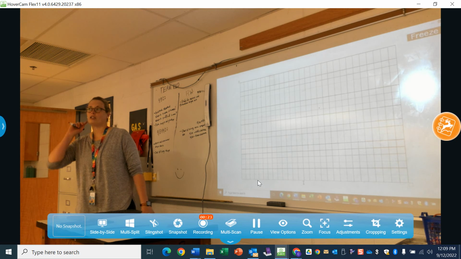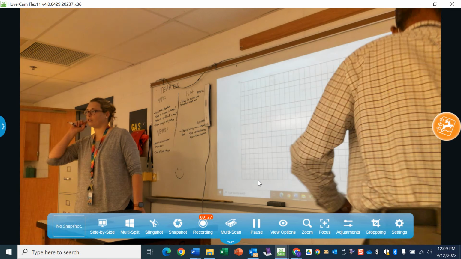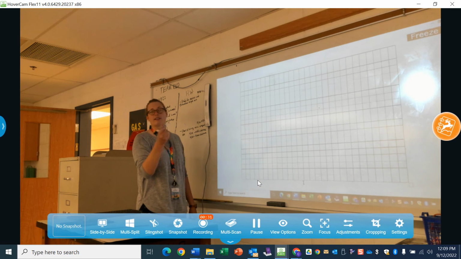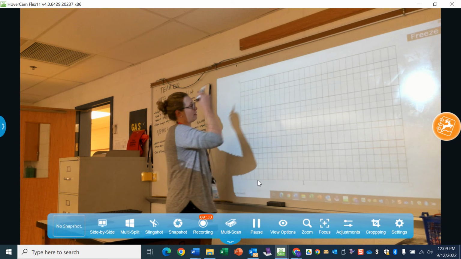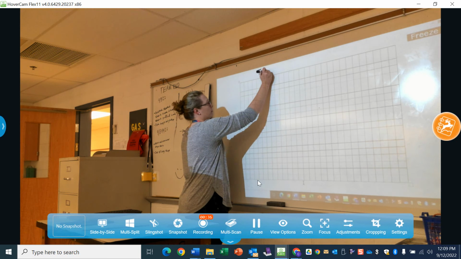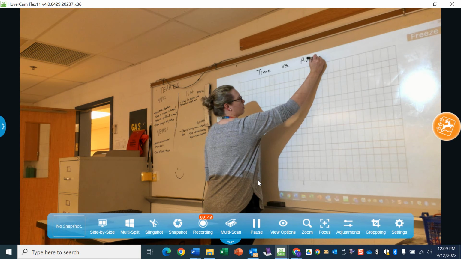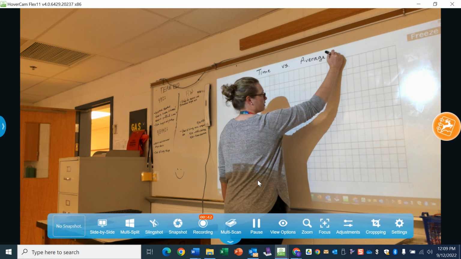Time versus average length, maybe? What are we missing? Does this tell me what we're measuring or what time actually means?